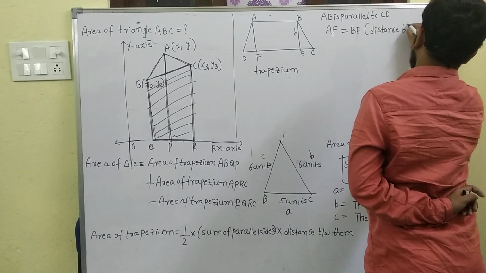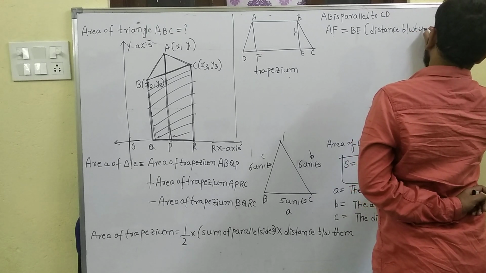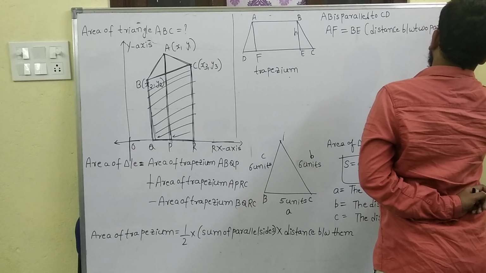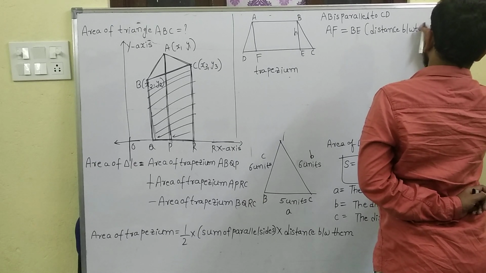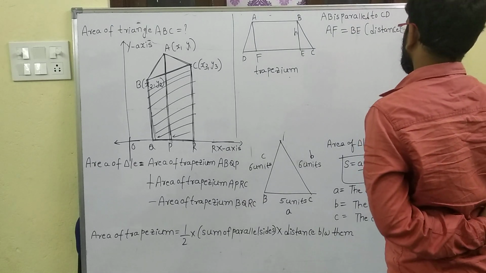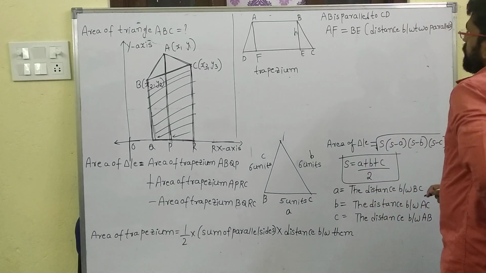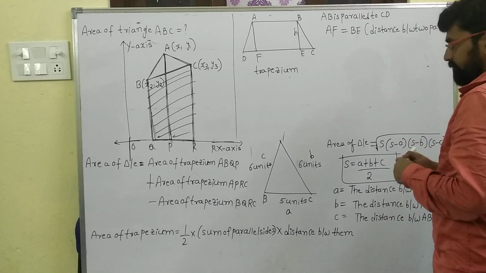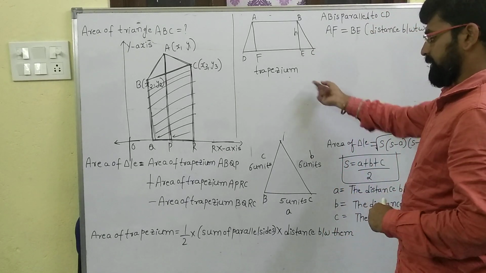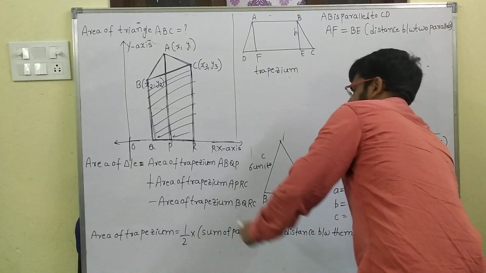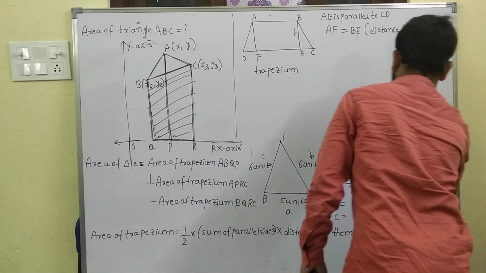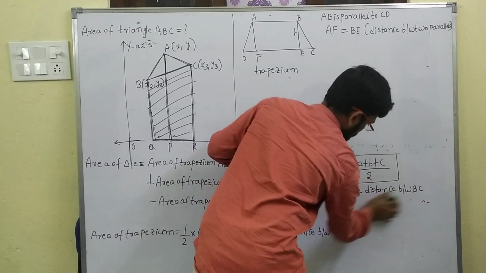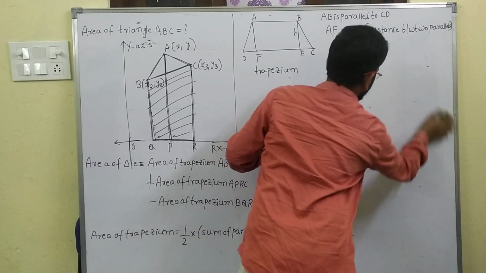AF equals BE, that is the distance between two parallels. Are you getting it? So this is called the area of a trapezium. Now we have to substitute in this to get the area of the triangle.